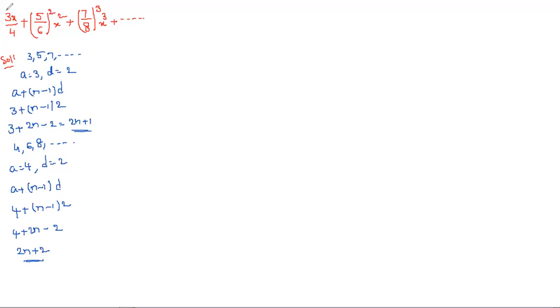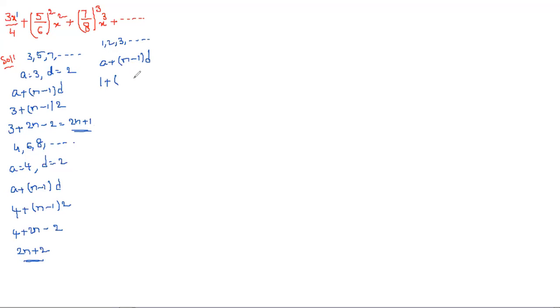Now coming to the powers: (3/4) to the power 1, next 2, next 3, and so on, so n will come. Next, coming to x, here also we have 1, 2, 3 and so on. You can check that 1, 2, 3 and so on is a + (n-1)d, where a is 1 and the difference is 1.